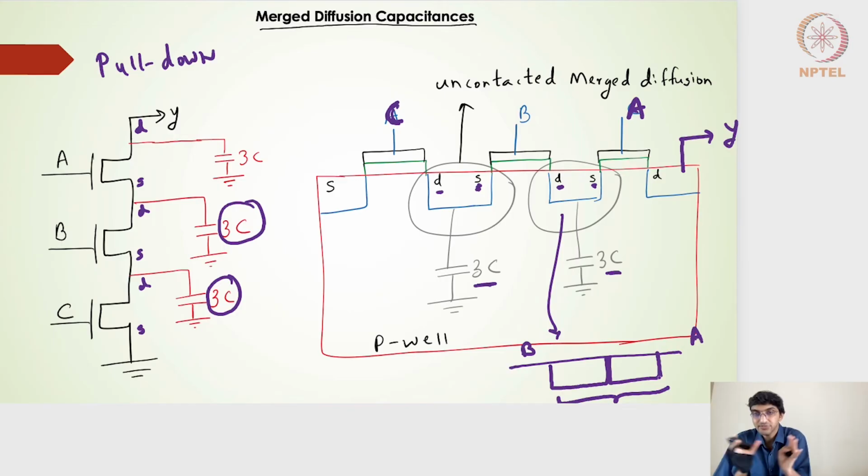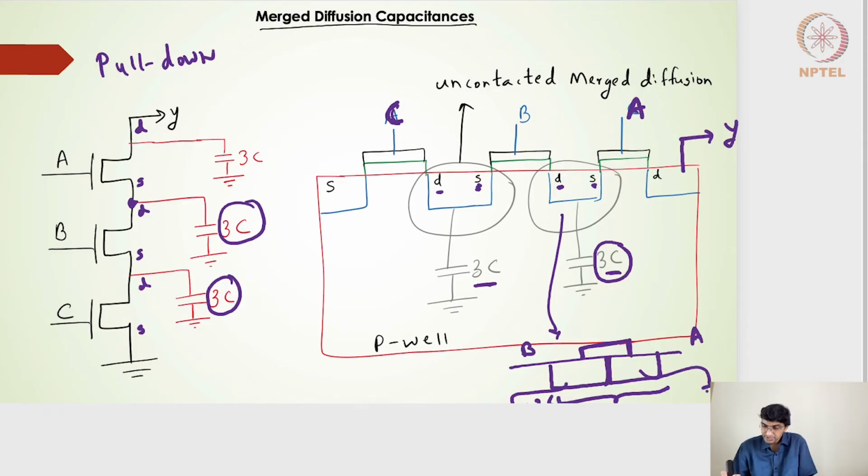Instead of merged diffusion, I have an unmerged diffusion, showing two different diffusions for B and A, but it is connected because I need this particular node. So I need to have this and this connected by a metal line or something like this. So it is an unnecessary metal line coming, or unnecessary area being consumed. In addition, instead of 3C, this particular diffusion is going to give me 3C, and this particular diffusion is going to give me another 3C.